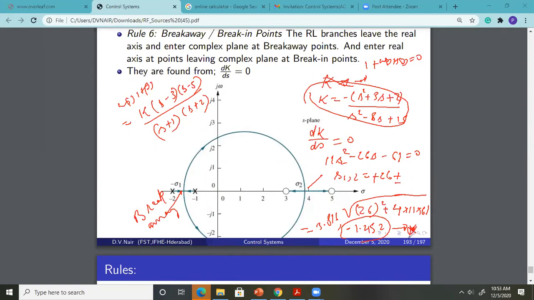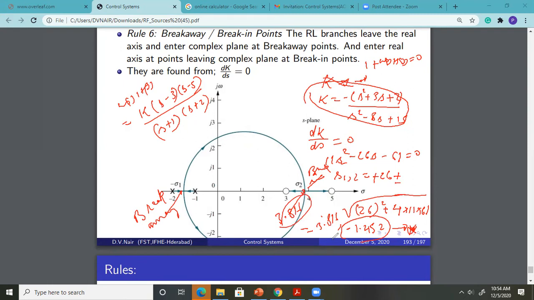At what gain they break away, that is another question. But this is the point on the real axis where the two branches now leave the real axis. And this is your break-in point: 3.816, right friends?